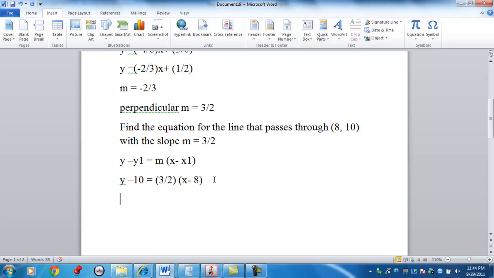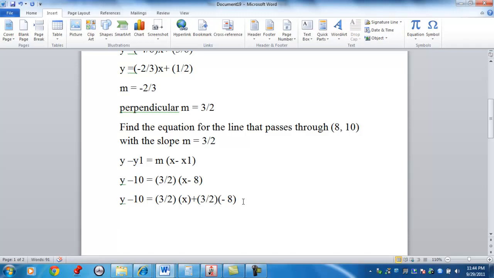Next thing we need to do, again, our goal is to solve for y, because we're going to write the equation in slope-intercept form. On the right-hand side, we can use the distributive property. When we do that, we are going to get 3/2 multiplied times the x. What I like to do is just emphasize that you are taking 3/2 times the negative 8.